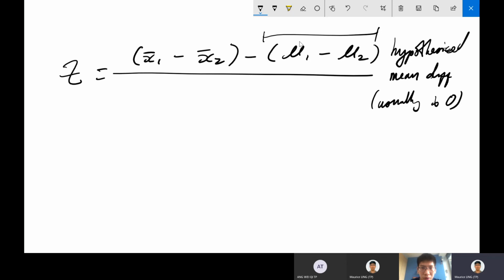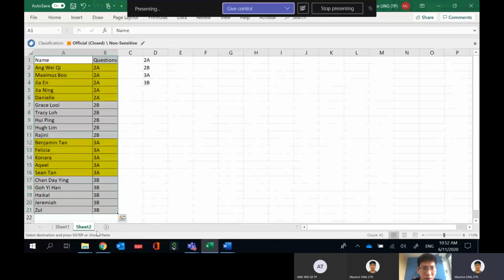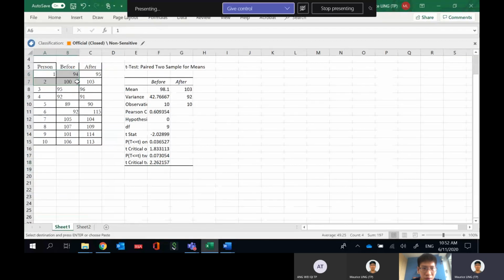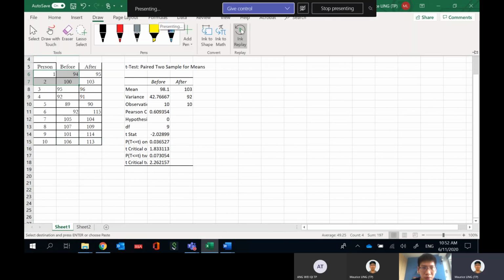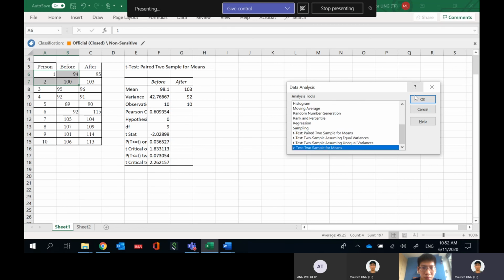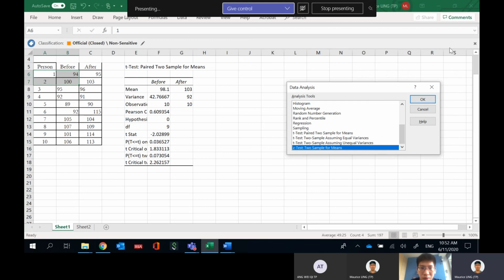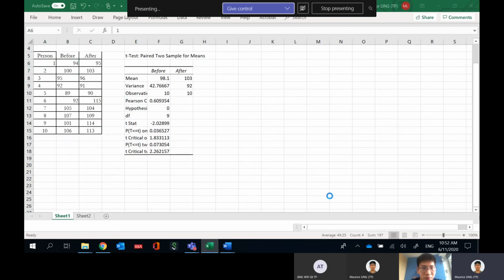In fact, when you do it in your Excel, the hypothesized mean difference is the part that you put inside here. The hypothesized mean difference is the mu1 minus mu2. Usually we say that it's 0 because, yeah. Oh, yes, sir.